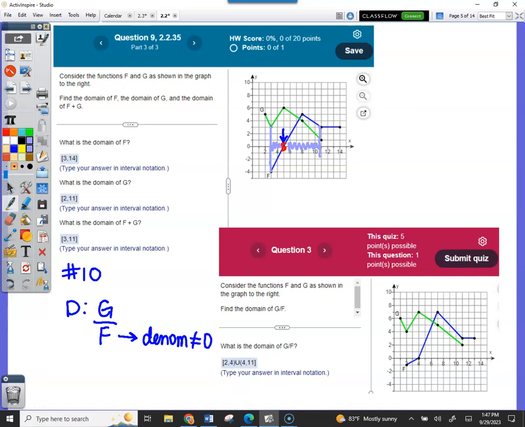So the way you would write it is, it starts at 3, runs to 5, skips over 5, and ends on 11. That's going to happen in number 10 in the 2-2 homework. Okay? And it all depends on which one's in the bottom of the fraction. If G had been on bottom, there wouldn't have been an issue because G doesn't even cross the x-axis. You see that?